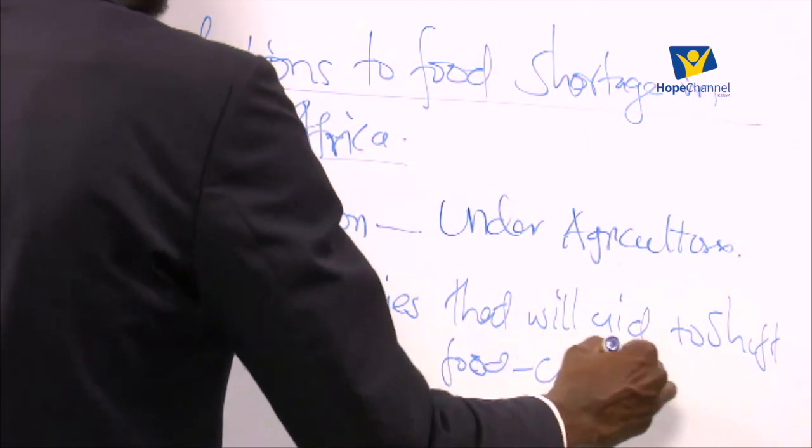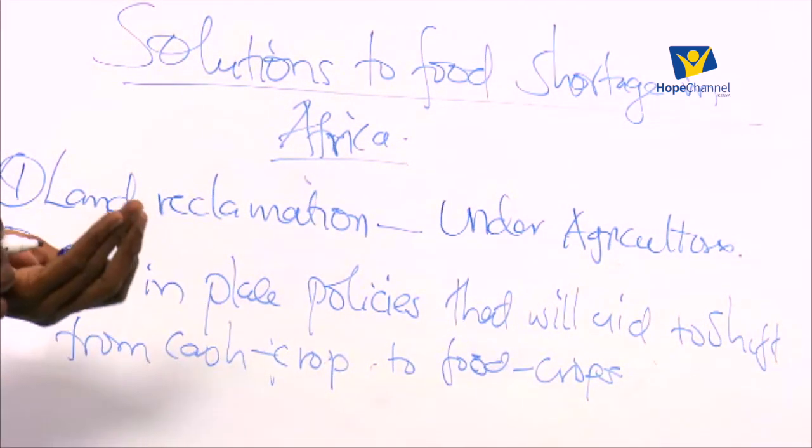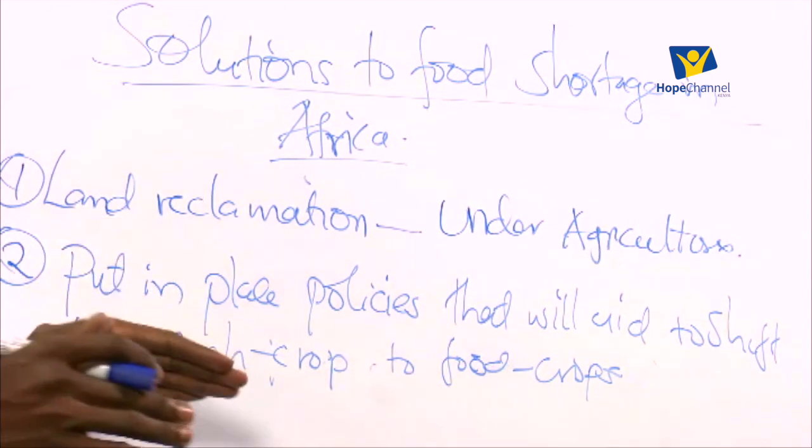So the government can put in place policies so that they can pay more attention to food crops.